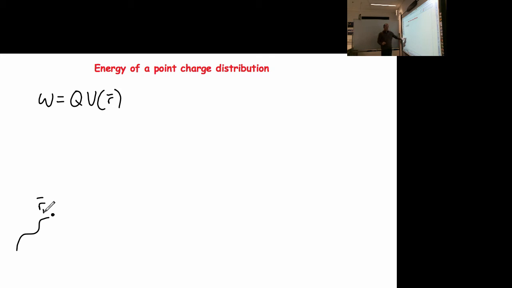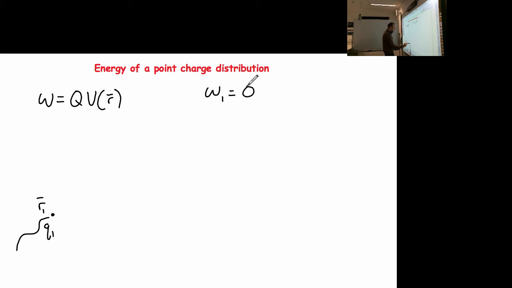Okay, now remember that position is from the origin to that point charge, and that point charge is Q1. Now, how much work would be done on bringing this point charge in from far away and putting it into the space? Well, quite clearly the potential there is going to be zero. We've got no other point charges there. So the work that would be done on our first test point charge is going to be equal to zero.